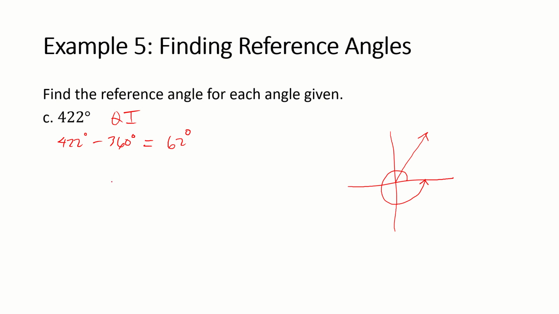So, yung reference angle natin, normally, theta yan. Our reference angle here would just be 62 degrees, because that's the case for quadrant 1. Whatever is the given angle measurement, it's just equal to the reference angle, but only if it's in quadrant 1.